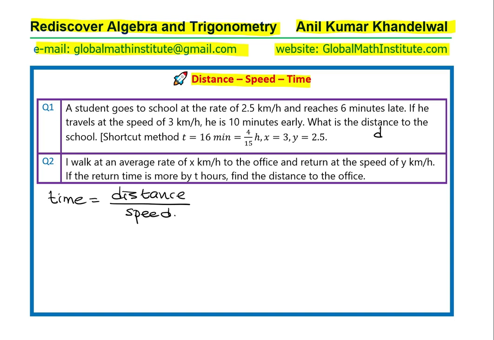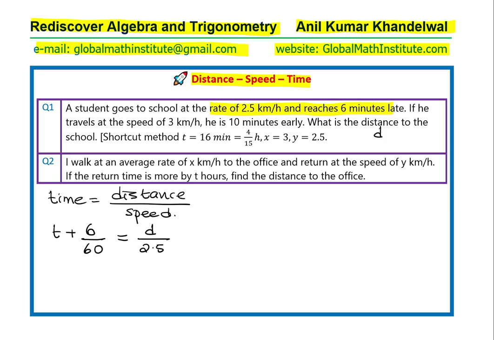So in the first case, when we consider the rate of 2.5 kilometers per hour, then the student is 6 minutes late, means time taken is more. So we can say t plus 6 minutes converted to hours, divided by 60, equals distance d over speed 2.5 kilometers per hour.